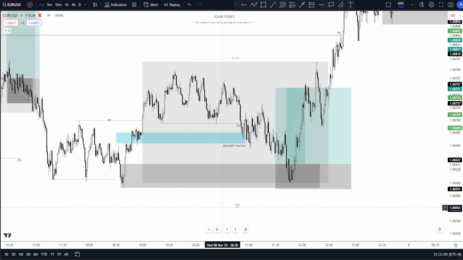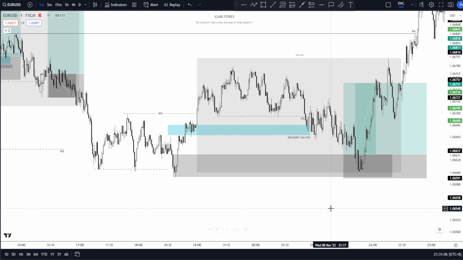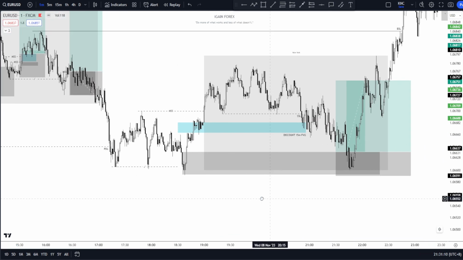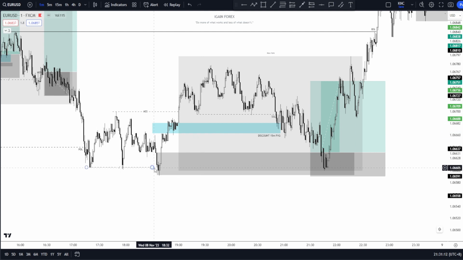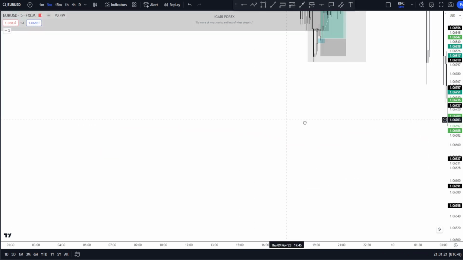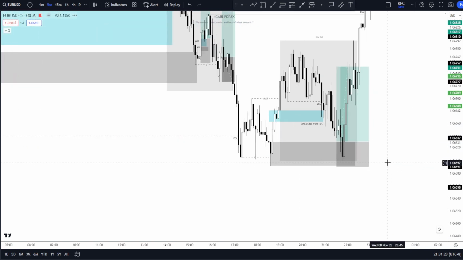Here you can see this previous day low has been taken out, and then a market structure shift happened. Actually, I chose to enter this trade on the 5 minutes time frame. This one here.